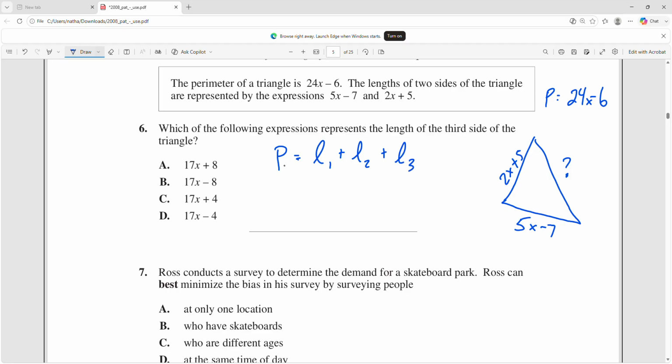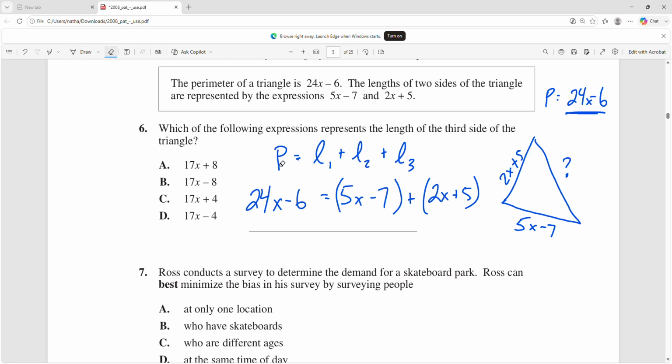So we know my perimeter is 24x minus 6, and that's equal to all these lengths added up. Well, we know two of the lengths, okay? So we know one of them, 5x minus 7, plus the next one, 2x plus 5.